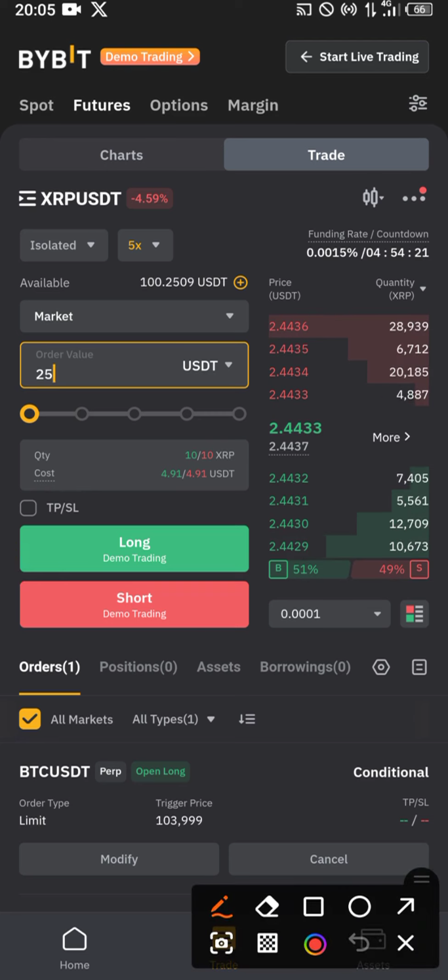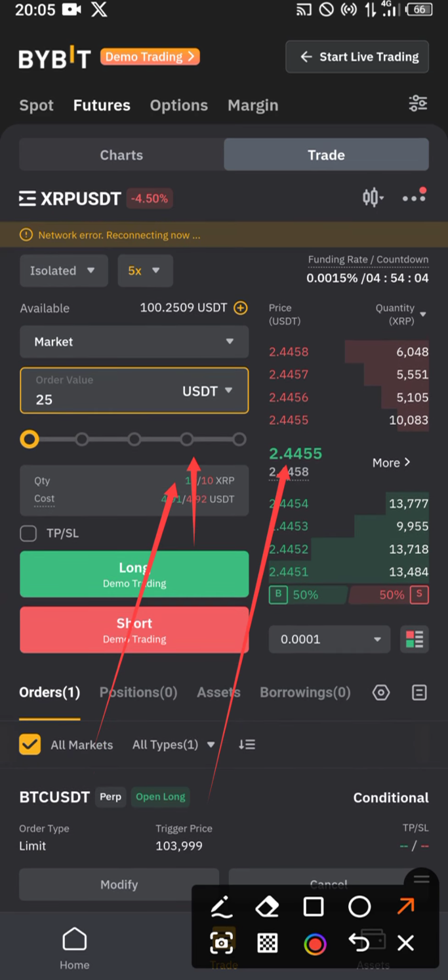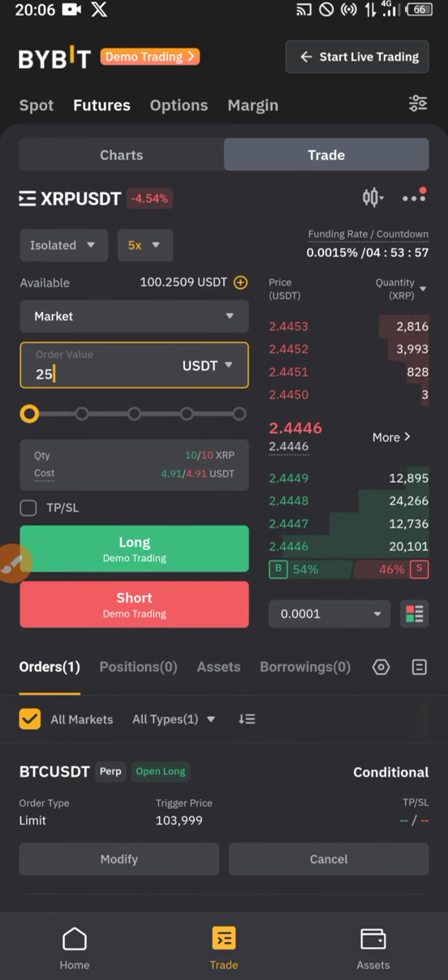Remember I said the price multiplied by quantity will give us the order value. So when you multiply 2.44 by 10, it's going to give us 25.